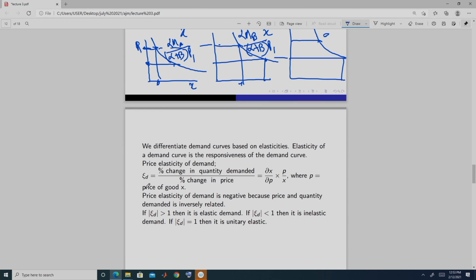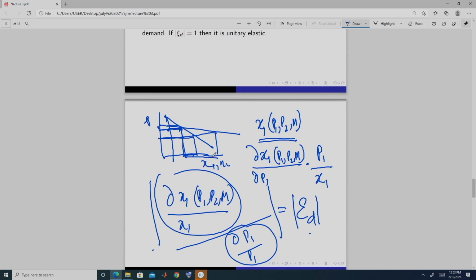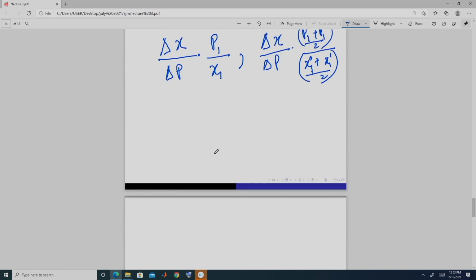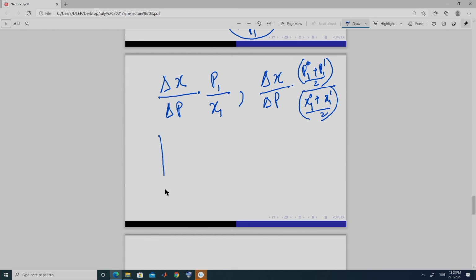Now if the absolute value of this elasticity is greater than 1, we say it is elastic. If it is less than 1, we call it inelastic, and if it is equal to 1, we call it unitary elastic. You can look at these things like this. This is your demand curve, and this is another demand curve.